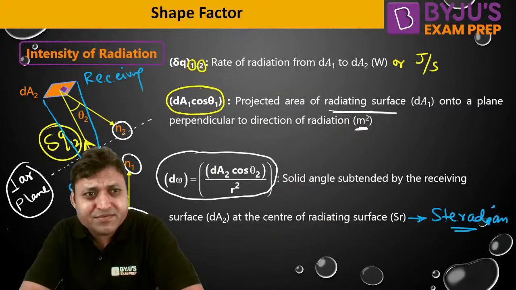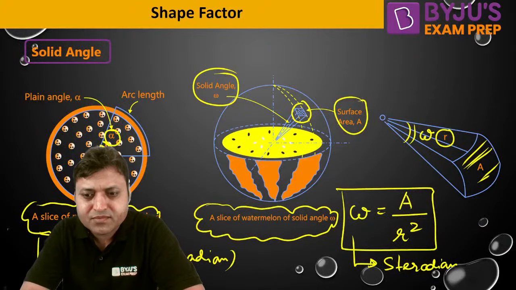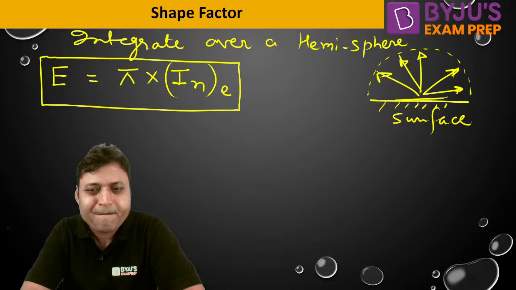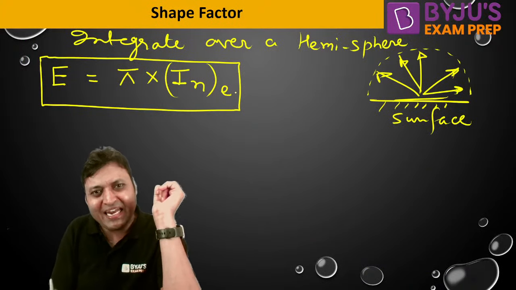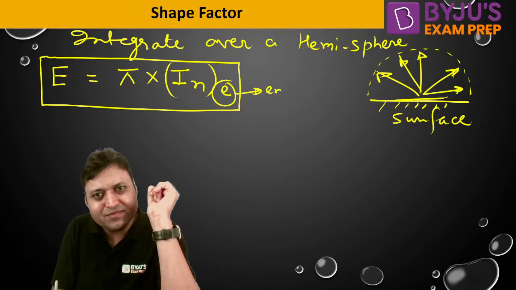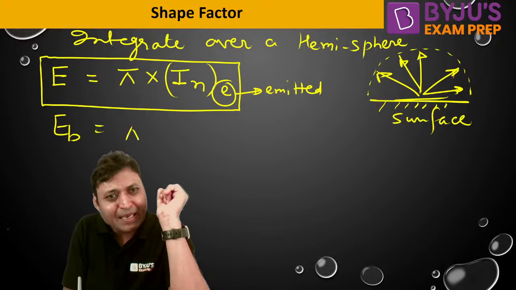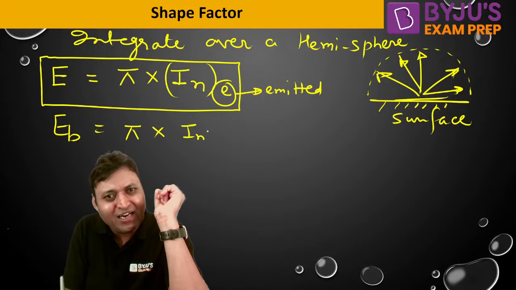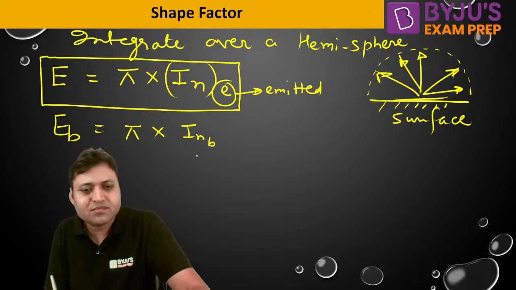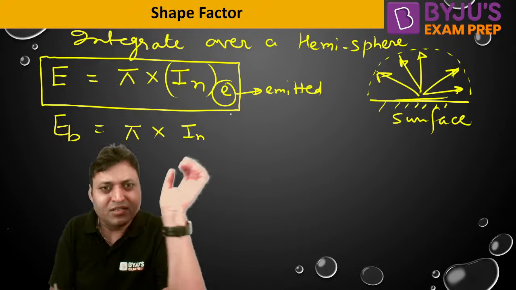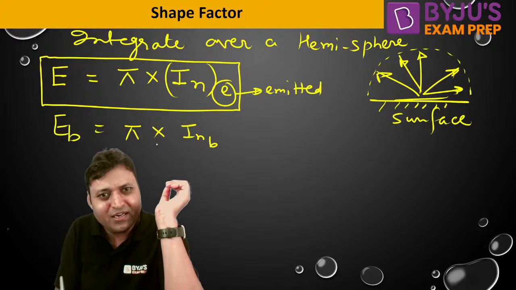Also from here, E is equal to pi I_e, E for emitted. For a black body, pi into I_b for the black body. That is how the total emissive power can be defined.